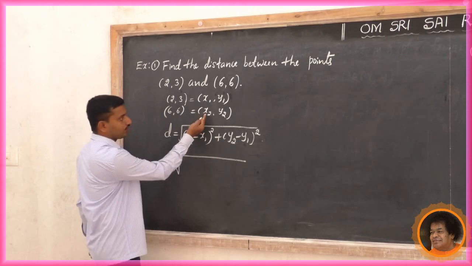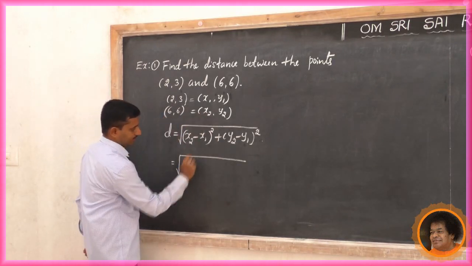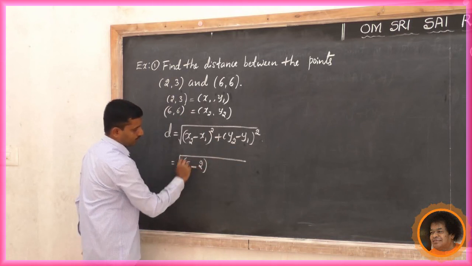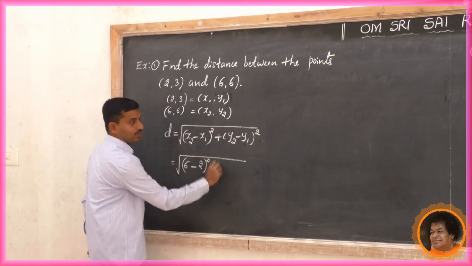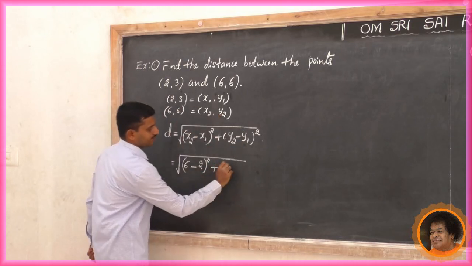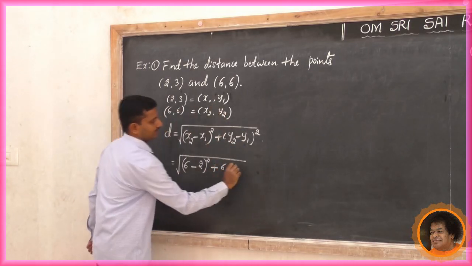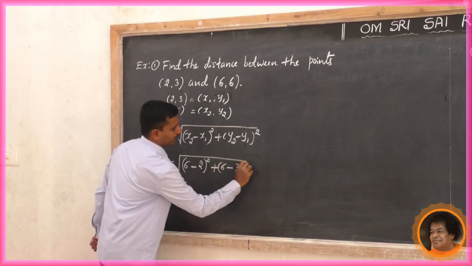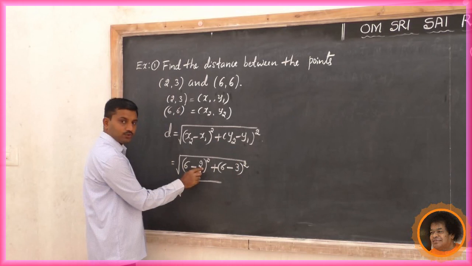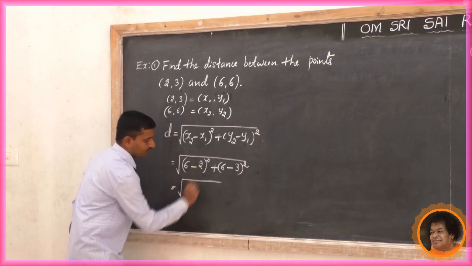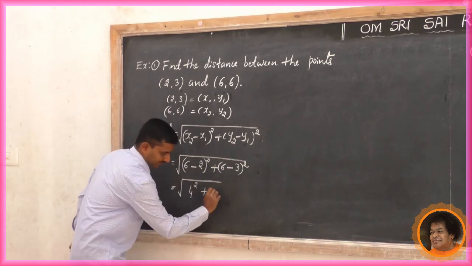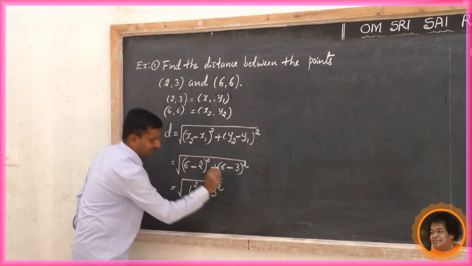What is the value of x2? x2 means 6, minus x1 which is 2, whole square, plus (y2 minus y1) whole square. Here the value of y2 is 6 minus y1 which is 3, whole square. Now simplify. Square root of (6 minus 2), that is 4 square, plus (6 minus 3), that is 3 square.